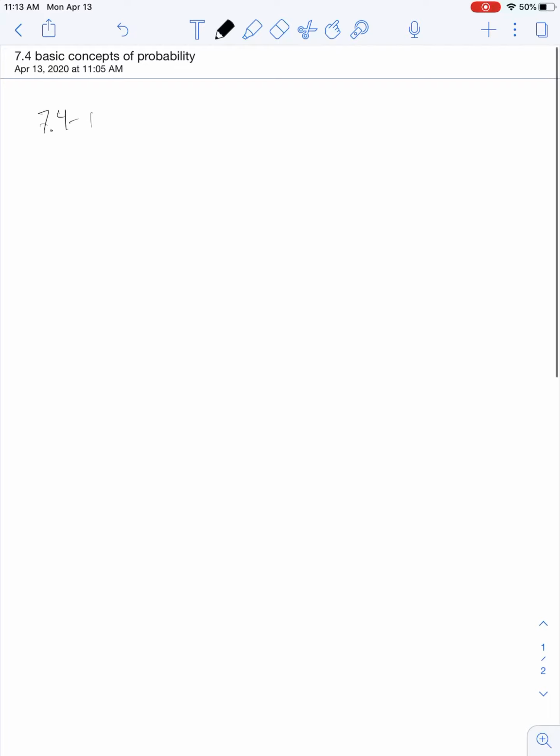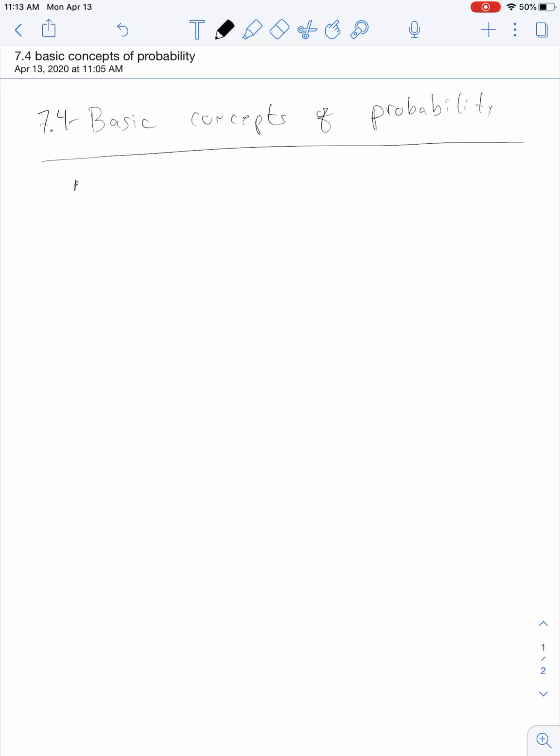Okay, so in 7.4, we're looking at some basic concepts of probability. All right, so it's important to make sure that you understand 7.3, right?